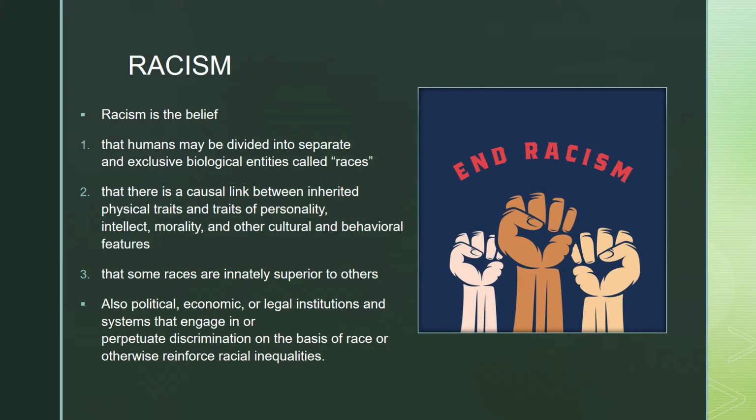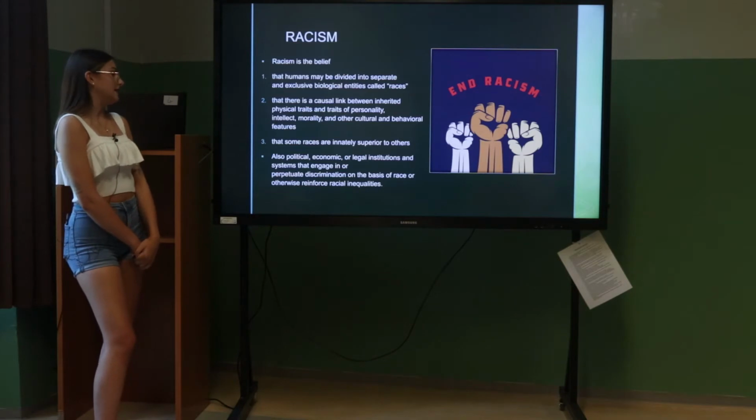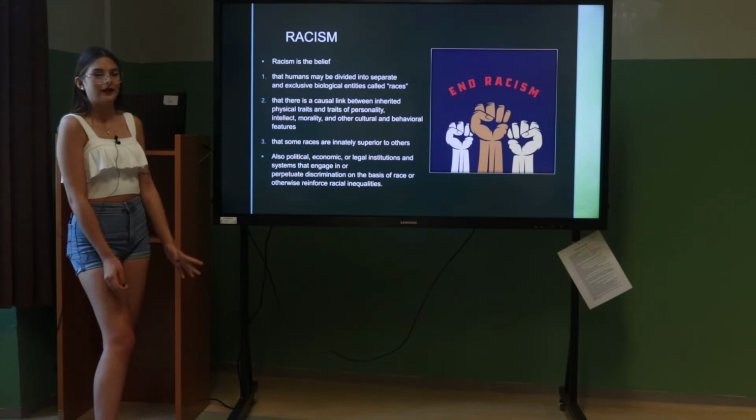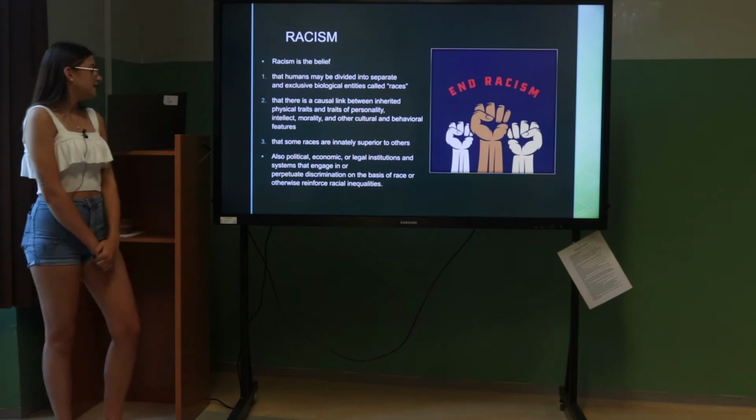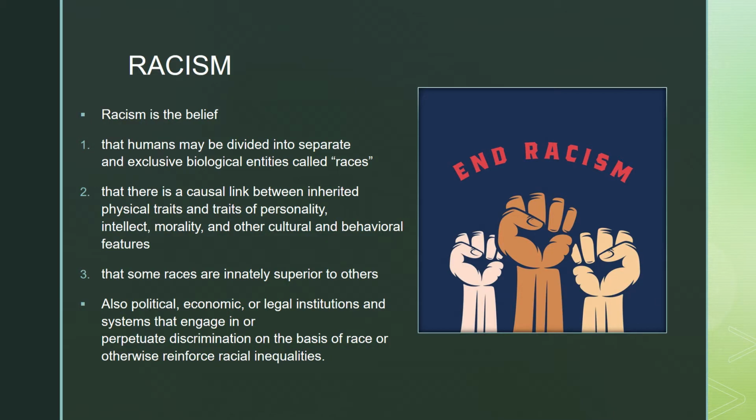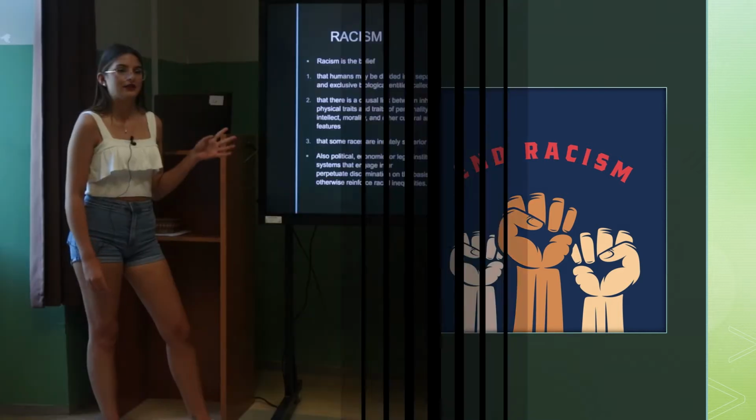It's the belief that there is a causal link between inherited physical traits and traits of personality, intellect, morality, and other cultural and behavioral features. And lastly, that some races are innately superior to others. It is also political, economic, or legal institutions or systems that engage in or perpetuate discrimination on the basis of race or otherwise reinforce racial inequalities.